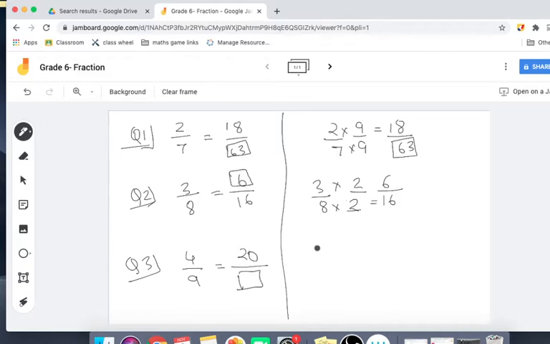For the last question, try this last question, then I will explain the same. 4 में what will we multiply so that we can get 20?